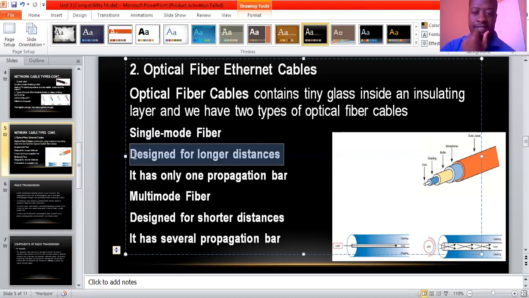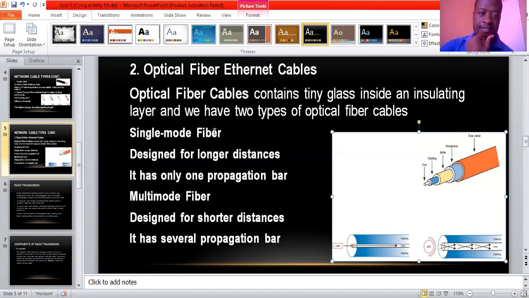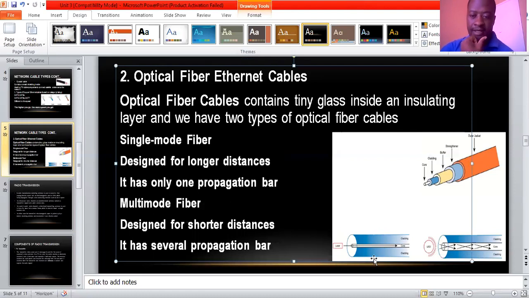If you're intending to go for longer distances, then this is the type of cable you need to use. Remember, it has only one propagation bar. If you check here, this is our propagation bar. It has only one.